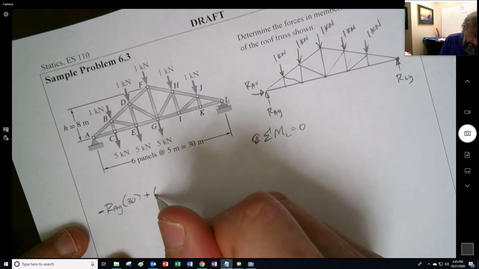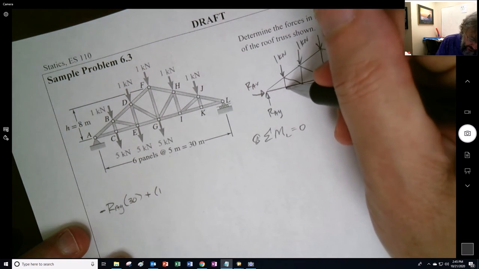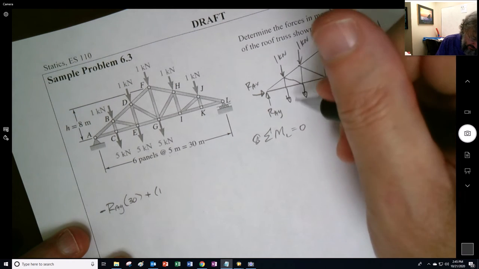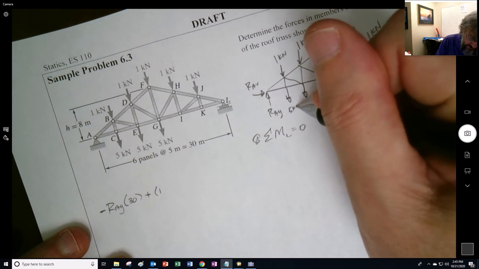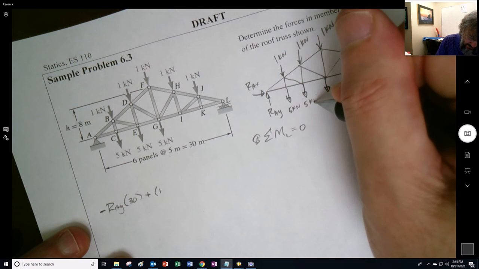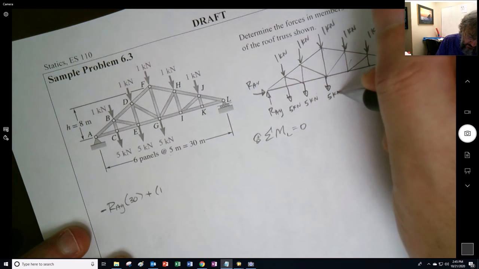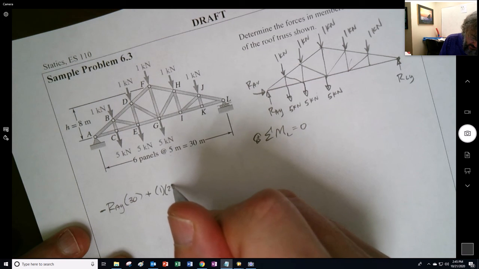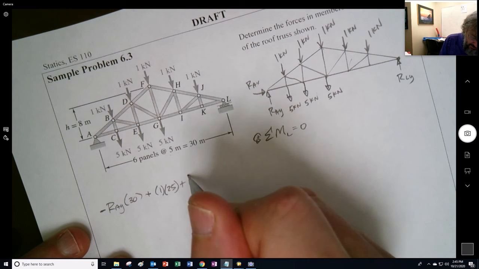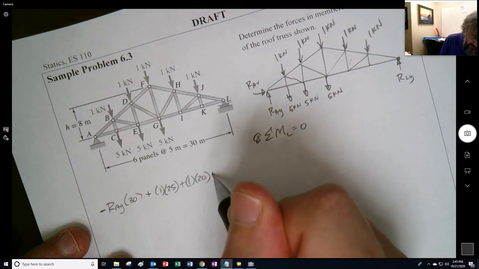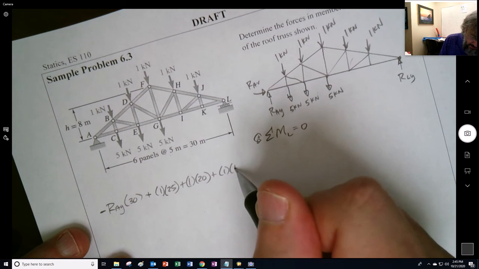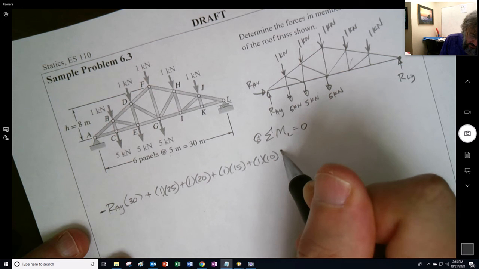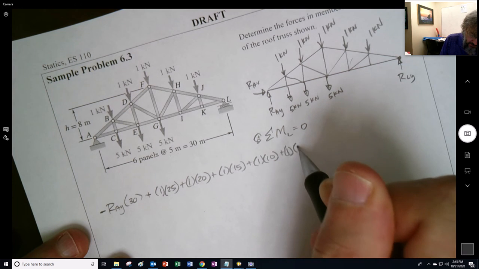So I forgot these forces too, right here. They're hanging something from the rafters that's kind of distributed by 5 kilonewtons in each of these. So I forgot to put those on there. So like 1 times 25 plus 1 times 20 plus 1 times 15 plus 1 times 10 plus 1 times 5, right?